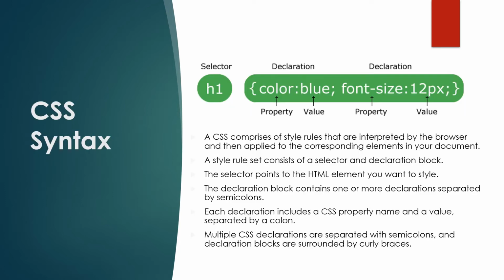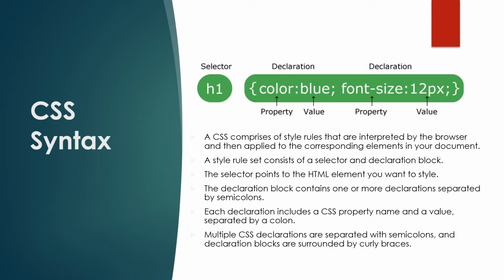CSS syntax. This is the syntax of CSS. A CSS comprises of style rules that are interpreted by the browser and then applied to the corresponding elements in your document. A style rule set consists of a selector and declaration block. The selector points to the HTML element you want to style.